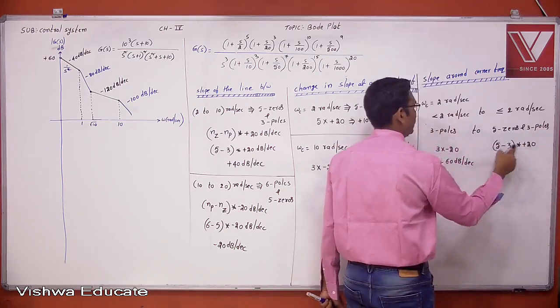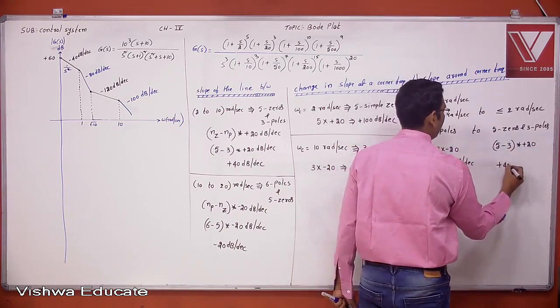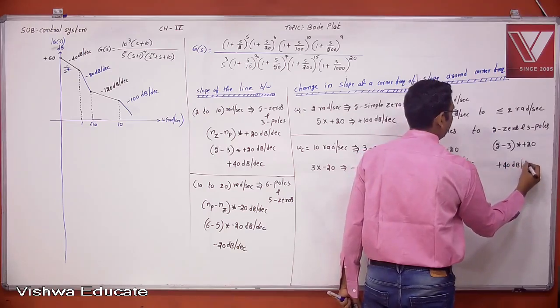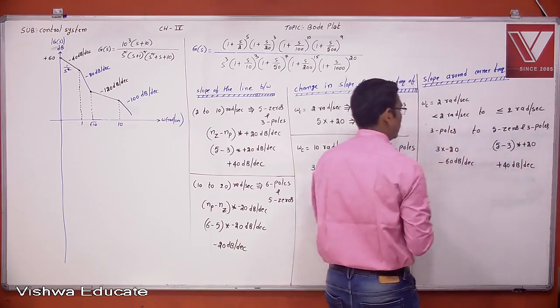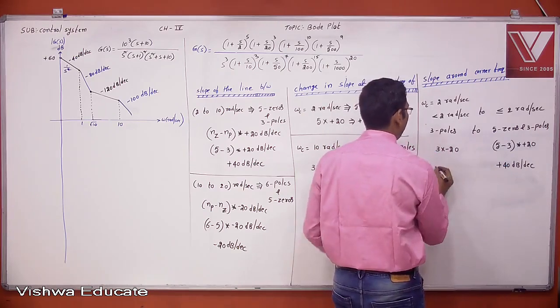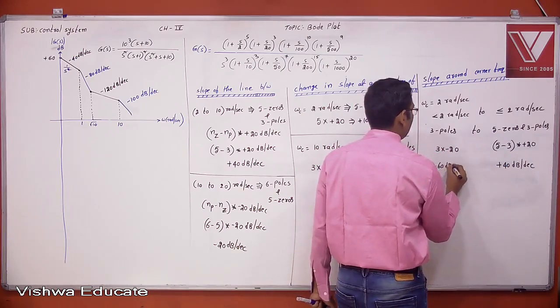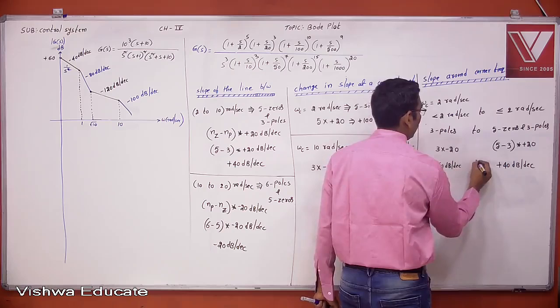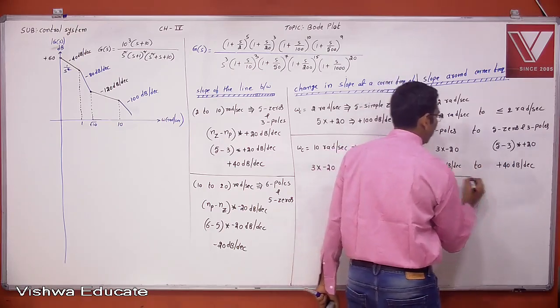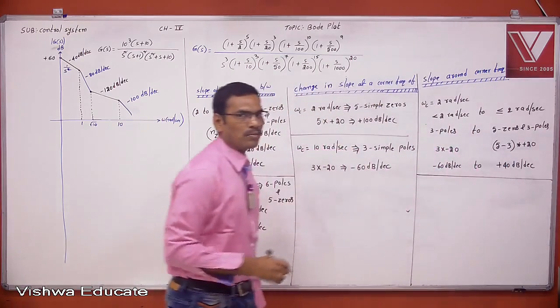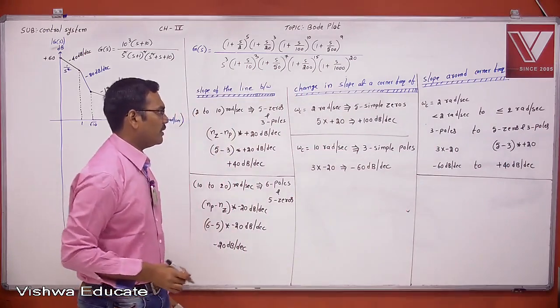So 5 minus 3, 2 into 20, plus 40 dB per decade. Now this is minus 60 dB per decade. Minus 60 dB per decade to plus 40 dB per decade is the slopes around the corner frequency.